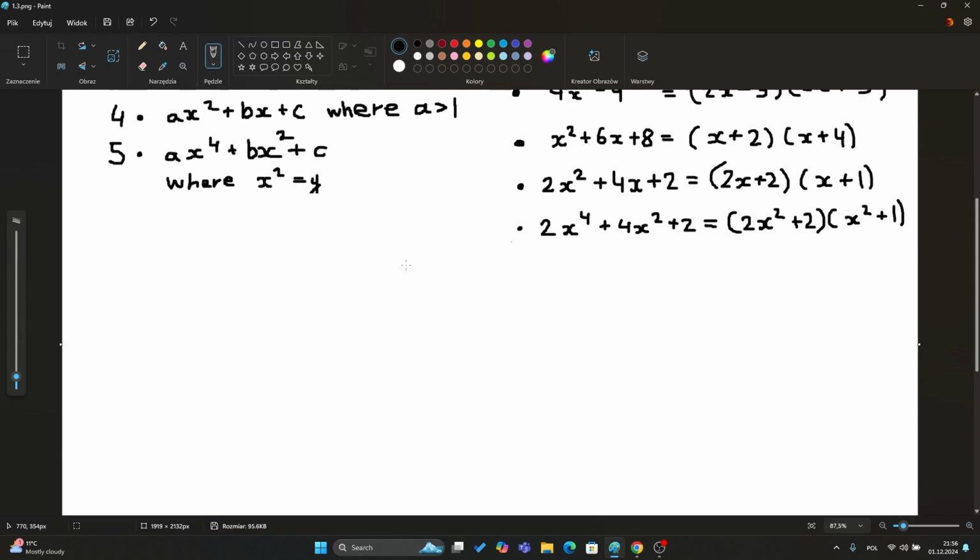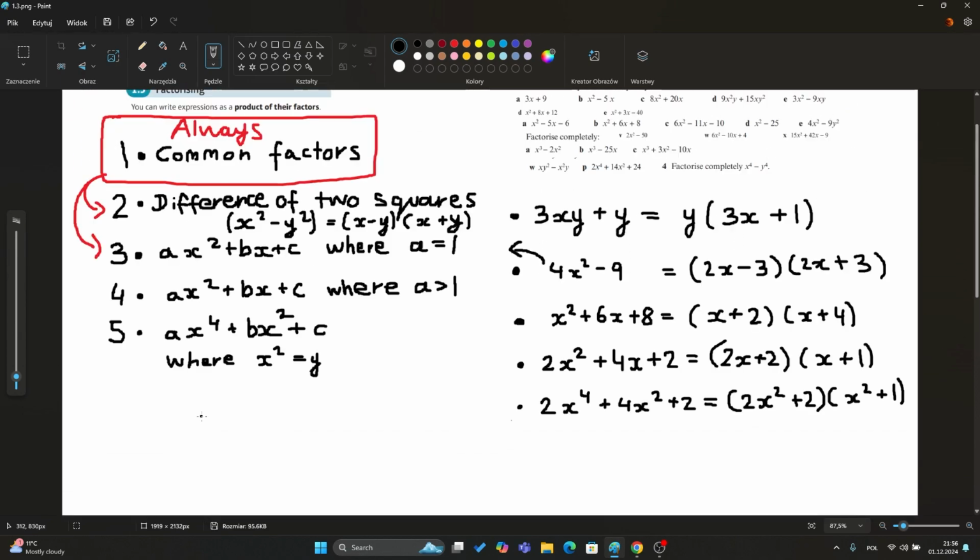Now we're going to look at some exercise questions. We know all the methods apart from the fifth one, and the fifth one is pretty special. So we know what happens when we have a difference of two squares. We know what happens when ax squared plus bx plus c, where a equals 1 and where a is bigger than 1. And we also know the common factors.